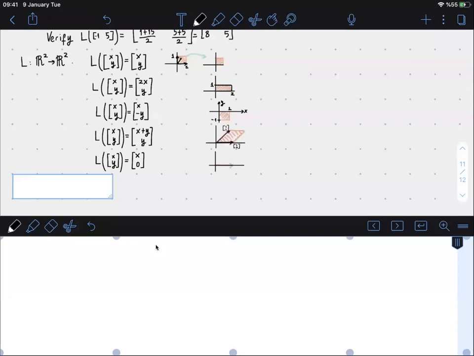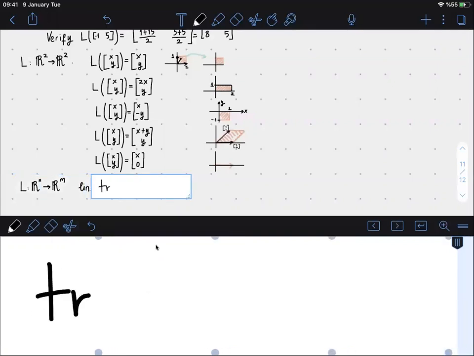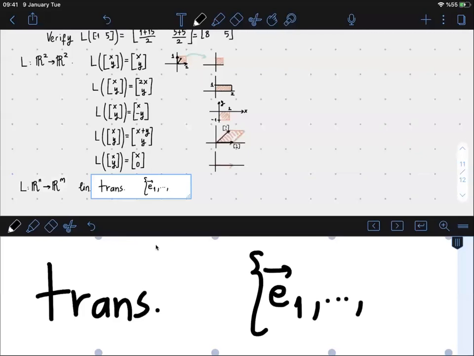Let's talk about this. Let's take a linear transformation from Rn to Rm. And let's take the natural basis, or standard basis.